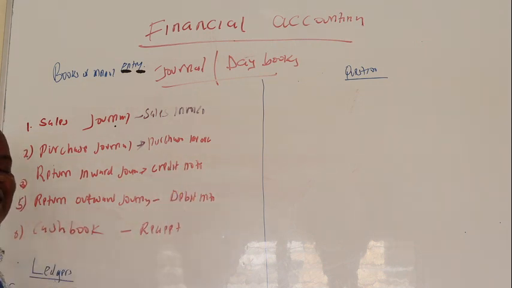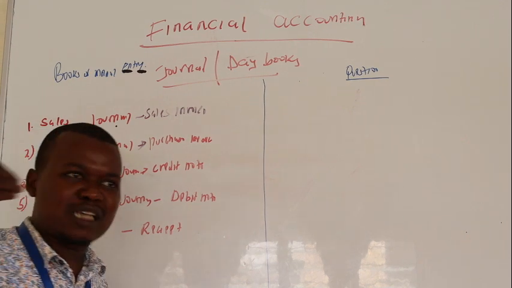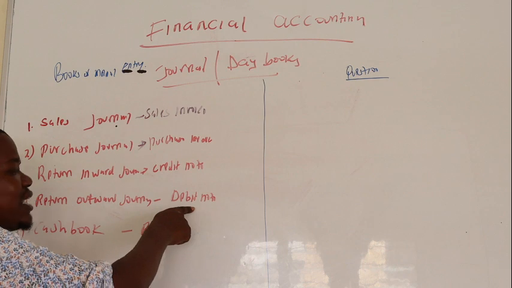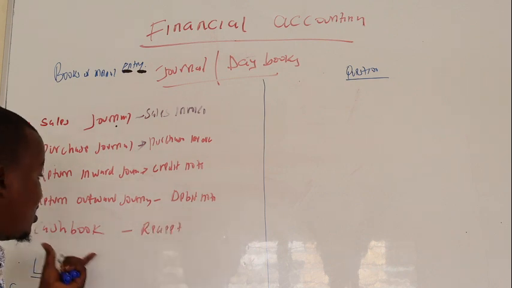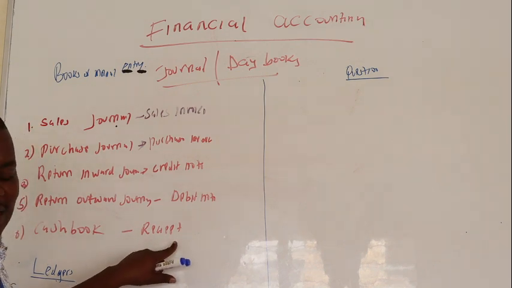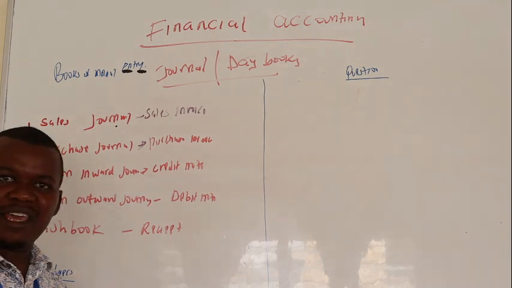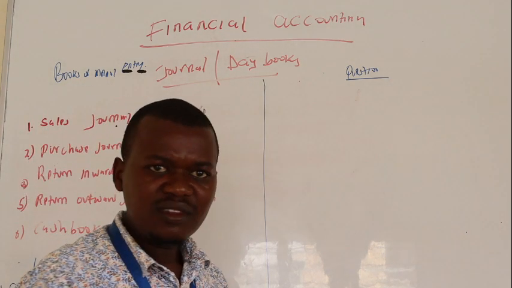Then we have returns outward, whereby we are returning goods to the suppliers, so it records debit notes. The last book we dealt with is the cash book. The cash book is also a book of original entry which records the receipts. And remember, a receipt can be for payment or for receiving money.